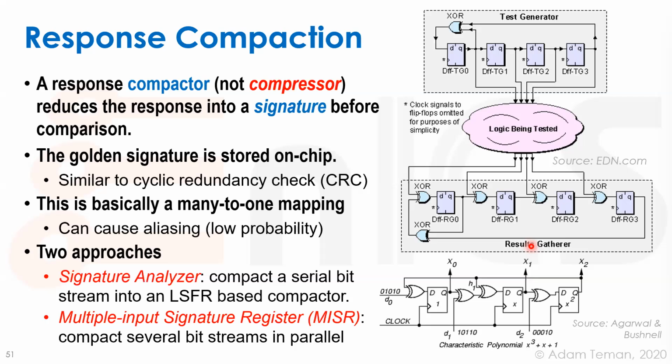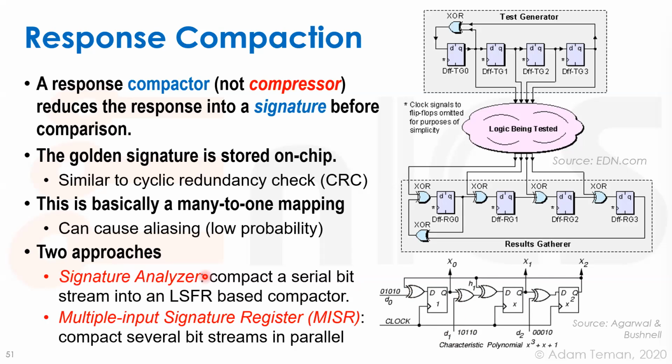So there are 2 approaches, actually. One's called a signature analyzer, which is just an LFSR that we put a 1-bit input into. But the more popular is called a multiple input signature register, or MISR, which is a parallel LFSR. It's actually what's shown here as well. So we take the inputs and drive them into intermediate points inside the LFSR.